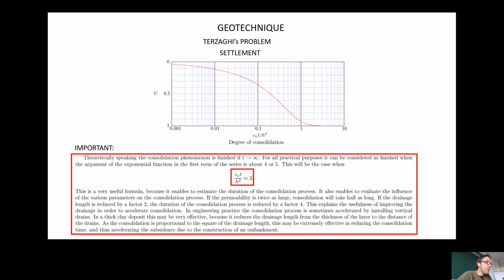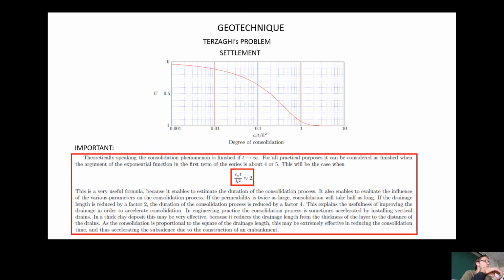If we want to accelerate consolidation, it is useful to increase drainage on the basis of these findings. In a thick clay, for example, drainage can be really effective, for example by installing vertical drains, since the drainage length is reduced by the presence of the drains, and the closer the drains are to each other, the better it is.